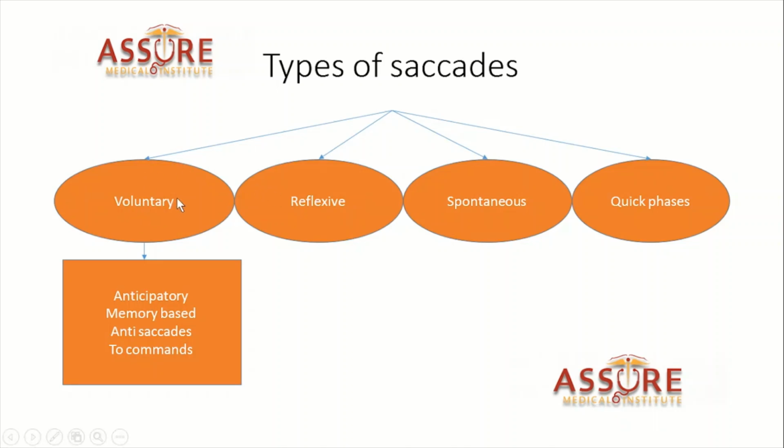Coming to voluntary saccades, the major group: the anticipatory, when you are anticipating something and you are looking for it; the memory-based, based on the visual memory, where there is a saccade towards that particular position; anti-saccades, away from the object of interest; and saccades to commands.